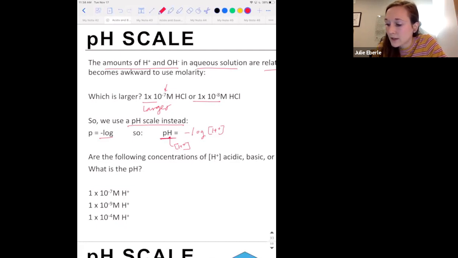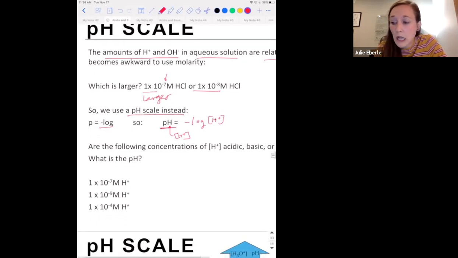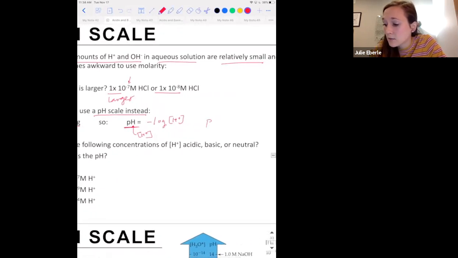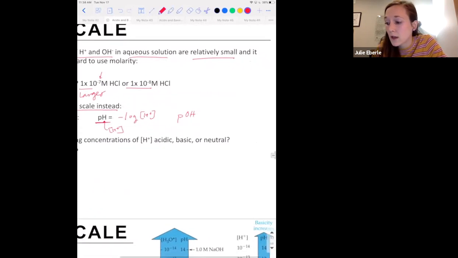I don't know if I'm going to give you this equation on your resources page. I might. You will need this equation for exam 4. You'll need it a lot. pH is the negative log of H+. Guess what? We could take P of OH. What is the P of OH? Can you write the definition for that? It is the negative log of the concentration of hydroxide.